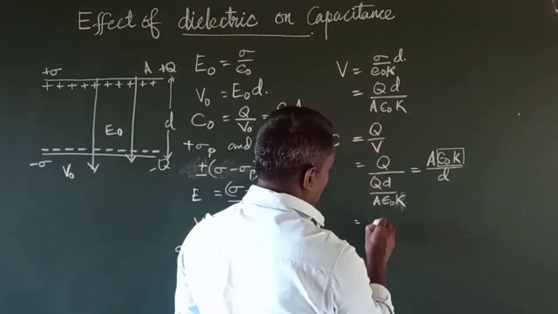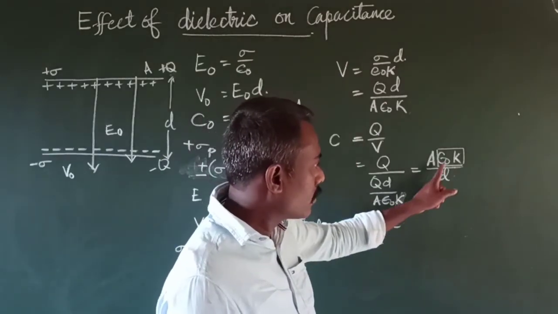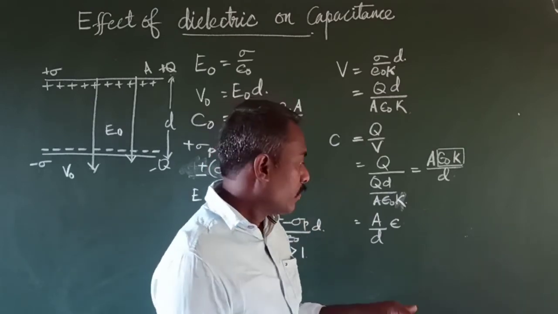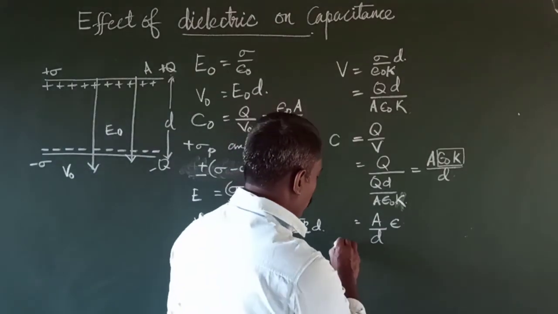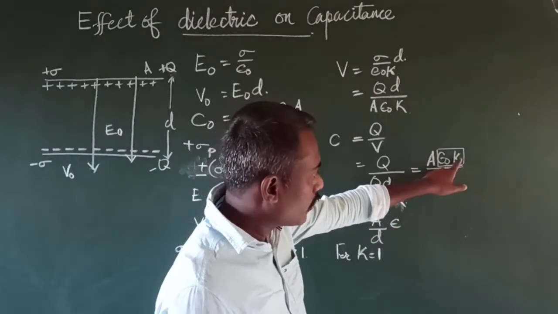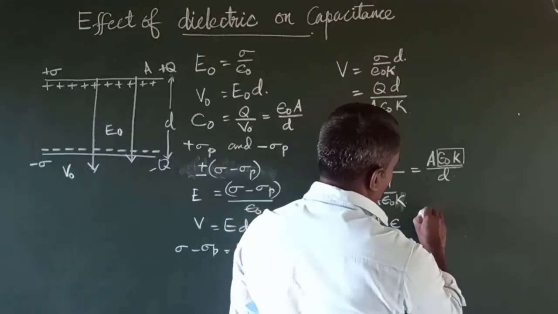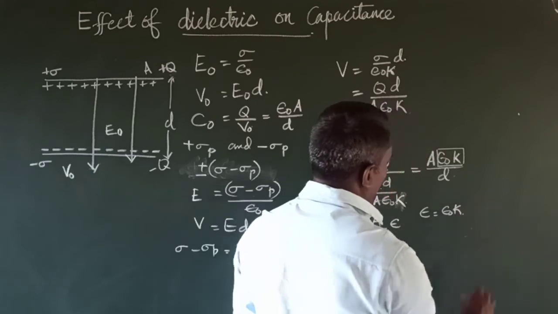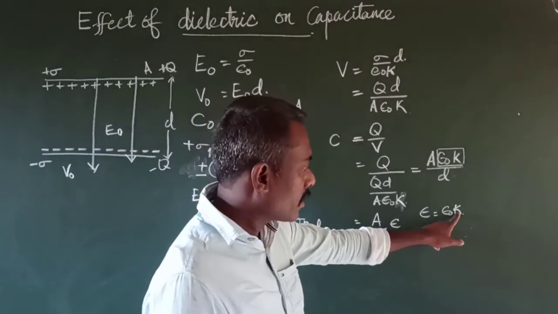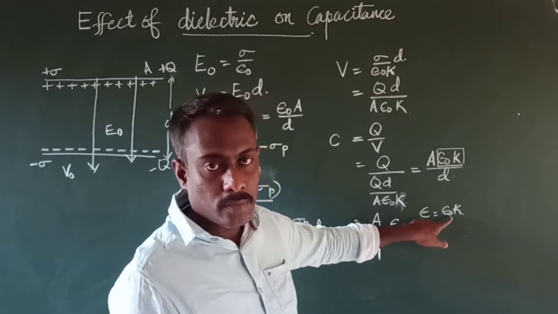So we can rewrite this equation as A divided by D into epsilon, where epsilon is equal to epsilon 0 into K. For vacuum, the value of K is equal to 1, and then the permittivity of the medium becomes the permittivity of vacuum.